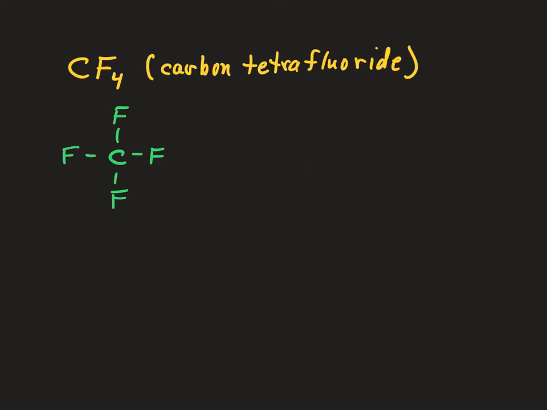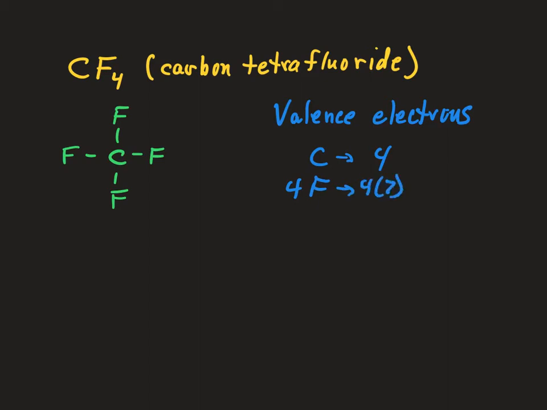Now we're going to add up our valence electrons. Carbon has 4. We've got 4 fluorines, that's 4 times the 7 that each fluorine has, so 28. That gives us a total of 32 valence electrons.